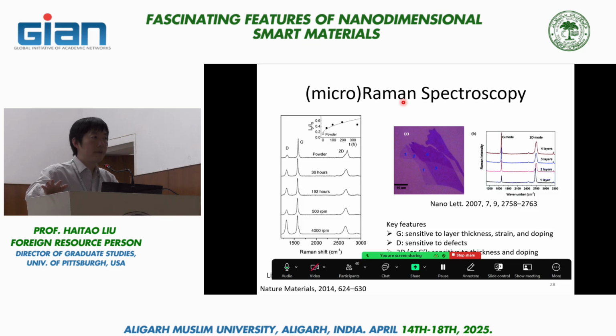A lot of TMDs have been characterized by Raman. Again, there's similar behavior there, although not exactly the same. But the sensitivity of the Raman signature with respect to number of layers, doping level, and strain has been a common feature in 2D materials research.